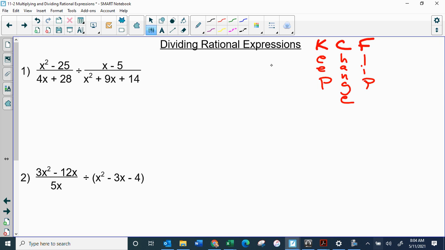So the way that you divide fractions is you actually multiply by the reciprocal. So you keep the first fraction, you change that to multiplication, and then you flip the second fraction over, which is called the reciprocal. So that's what we're going to do here.